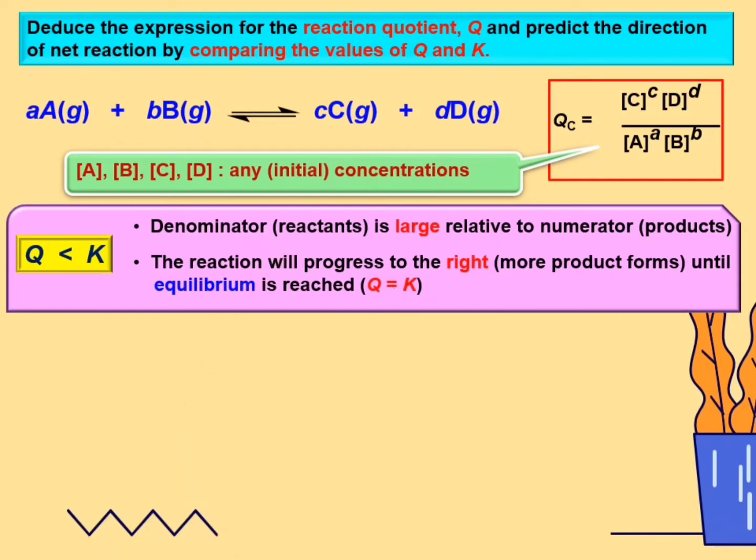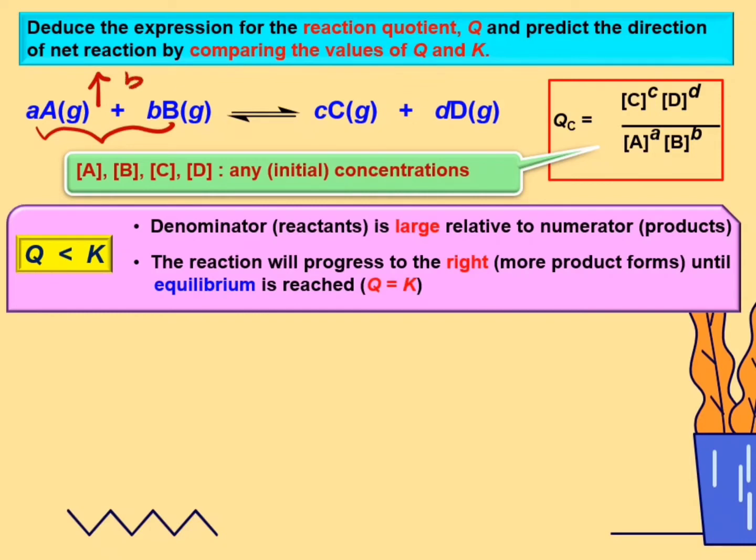Bila Q kurang daripada K, okay, so concentration of reactant akan meningkat. Nampak? So bila concentration of reactant akan meningkat, macam mana kita nak balancekan left and right? Macam mana kita nak balancekan concentration reactant and product? Okay, contoh katakanlah concentration reactant kat sini 50.